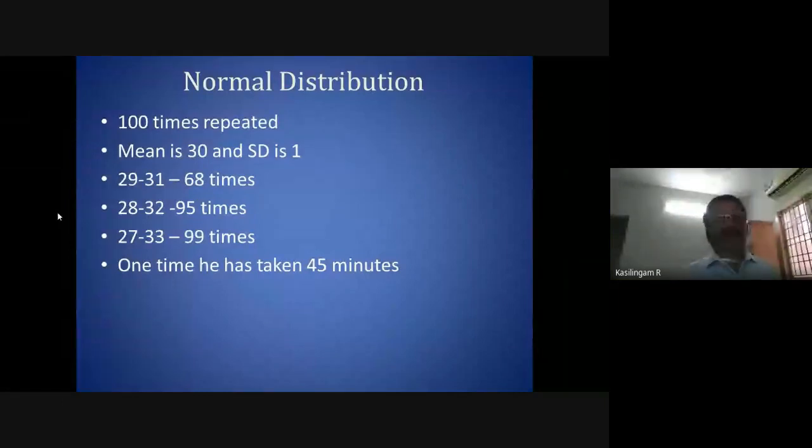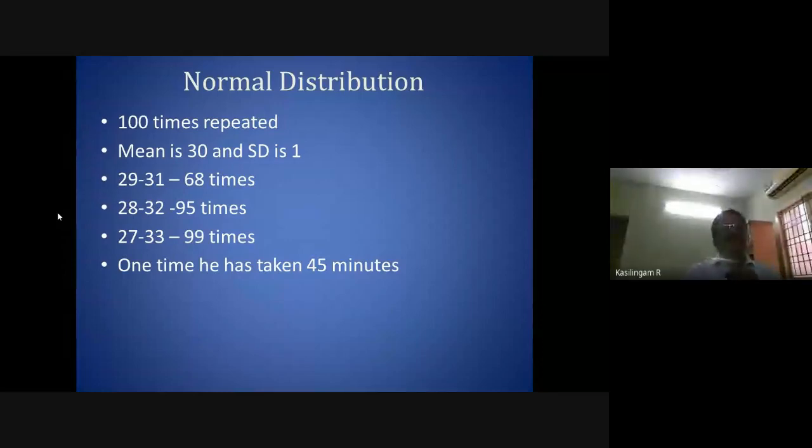Now I have a mean of 30 from these 100 observations, and the standard deviation is 1. Mean is 30 and standard deviation is 1.